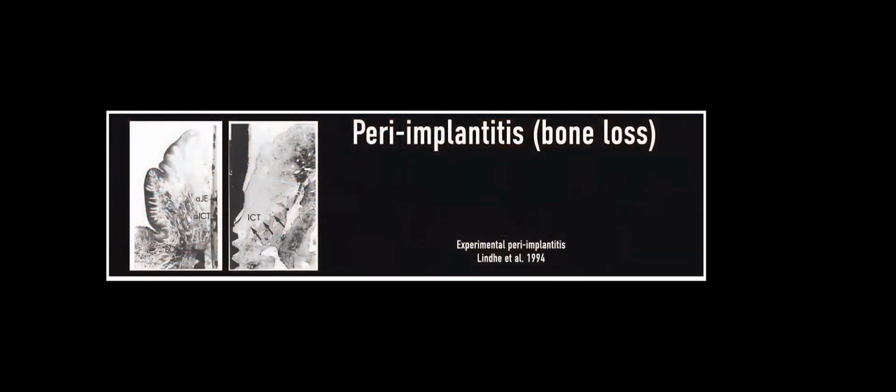If we compare the initial situation with the situation afterwards, we can see a clear increase of the keratinized soft tissue around our implants, and our patients are now more able to keep their implants clean, with less chance of any inflammation around our implants.